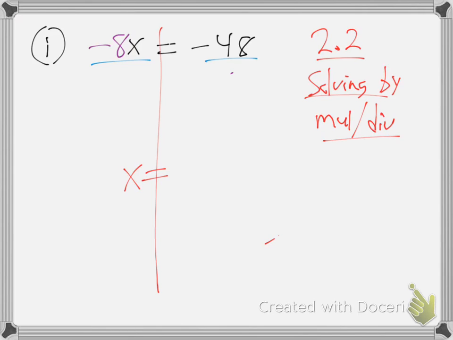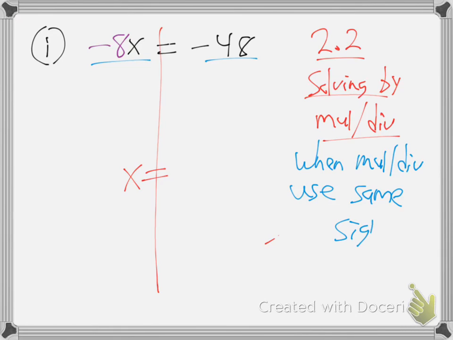Now, when I divide, am I going to divide by the opposite, positive 8 or negative 8? It turns out you're going to use the same. This is a little different here. Let me write a note for you. When you multiply, divide, use the same sign.